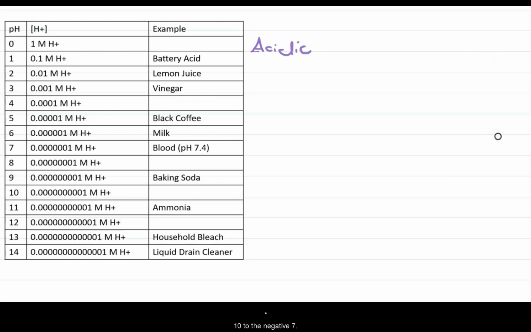Our 10 to the negative 7, that is a neutral solution. And then anything that has a pH greater than 7 is going to be what we call basic.